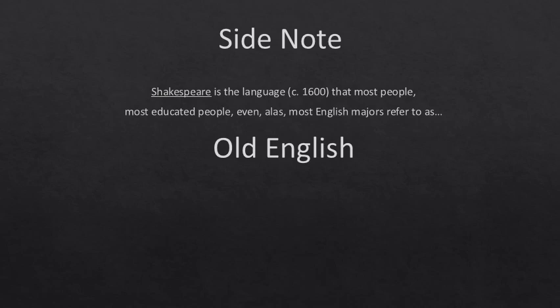People in high school say, oh, it's Old English. No, actually, you can say, well, there was Old English, Beowulf, Caedmon. There was Middle English, Chaucer, Ancrene Wisse, and there's early modern English, Sidney and Shakespeare. So, no, that's not Old English.